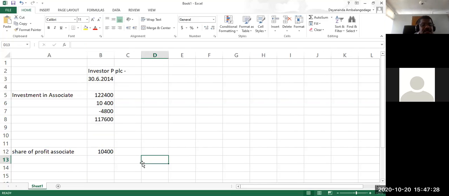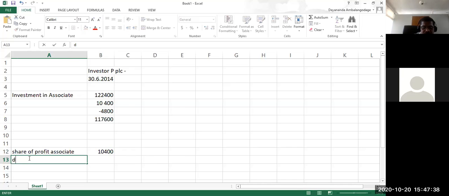That is the share of profit. And also you see we are debiting the dividend revenue item. So dividend revenue, this is a credit item. So you can put 4,800 as a minus figure.